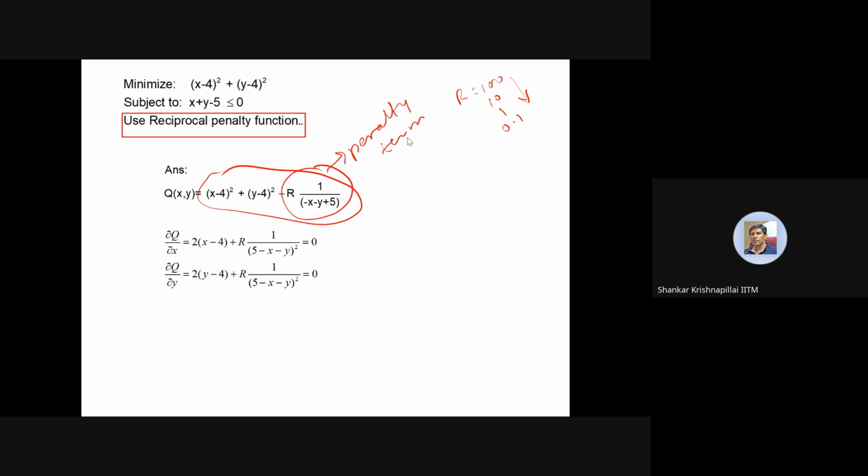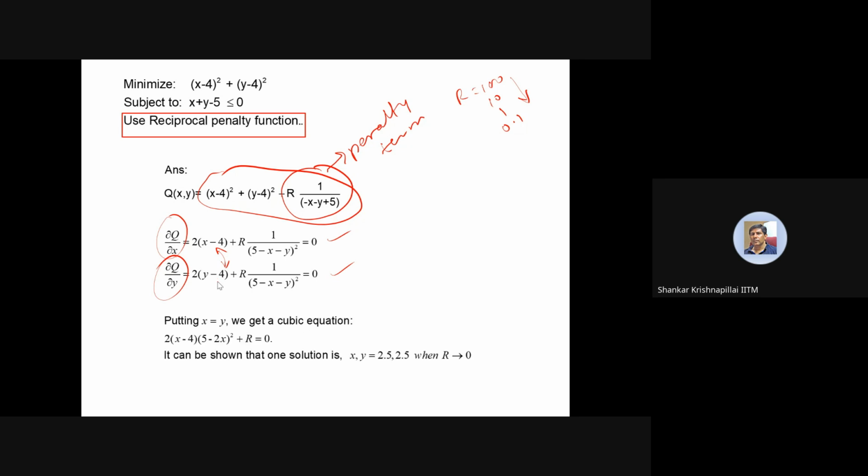If there has to be an optimum at x star, y star, then partial q by partial x equal to 0, partial q by partial y equal to 0, and you have to equate both of them. Because these equations are symmetric in x and y, you can replace y with x or x with y.